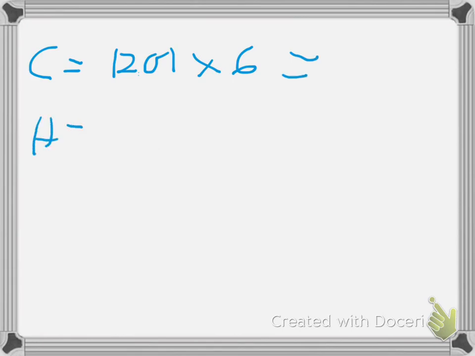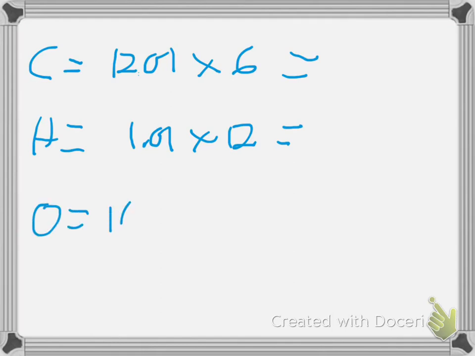So we're going to have carbon, which has a molar mass of, actually, usually 12.01. And there are 6 of them, C6, right? And then H has a molar mass of 1.01, but we have 12 of them. And then oxygen has a molar mass of 16, and we have 6 of them.